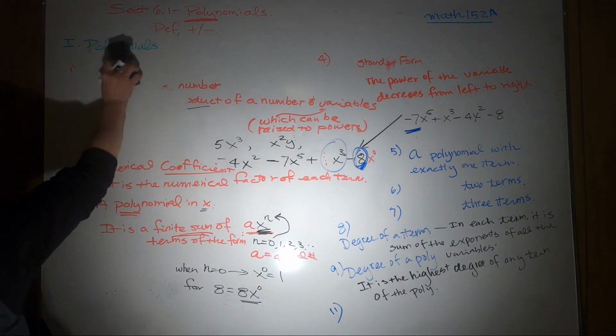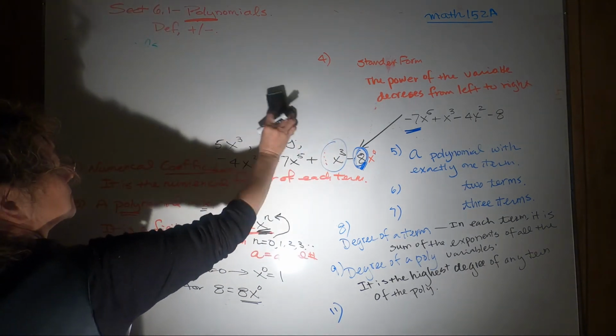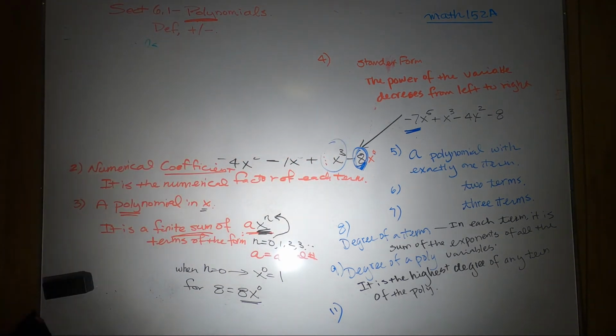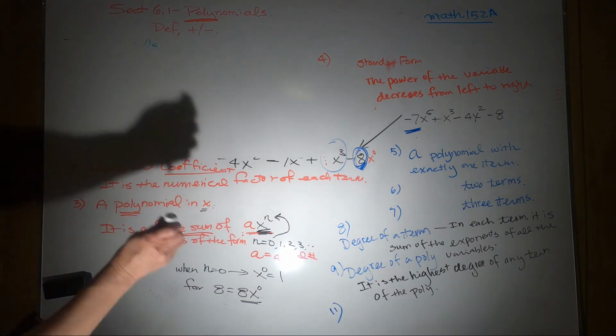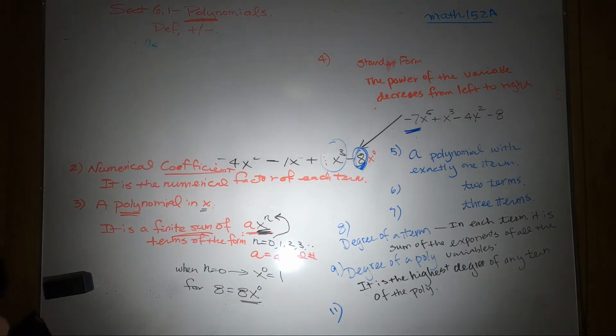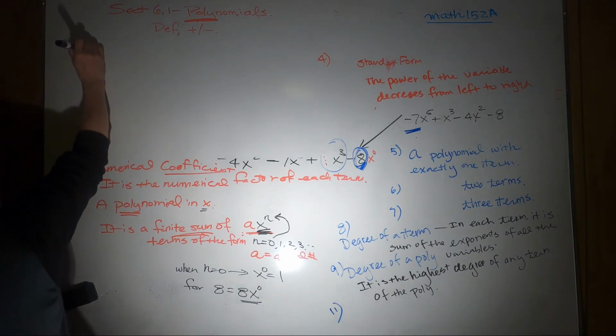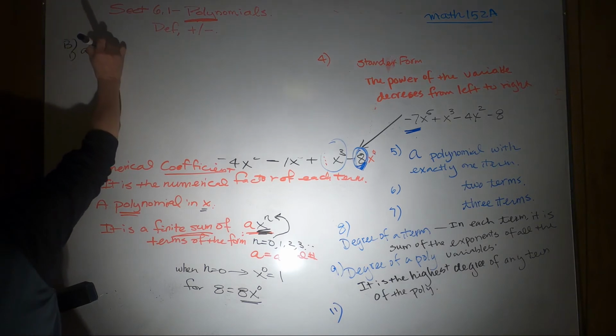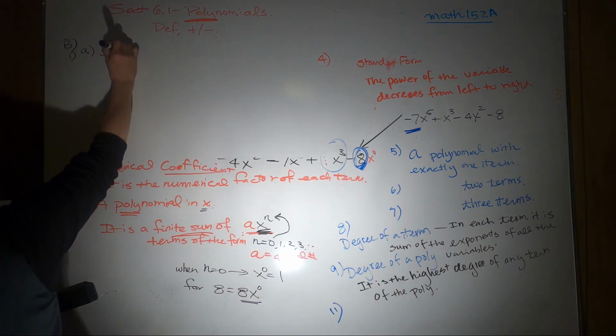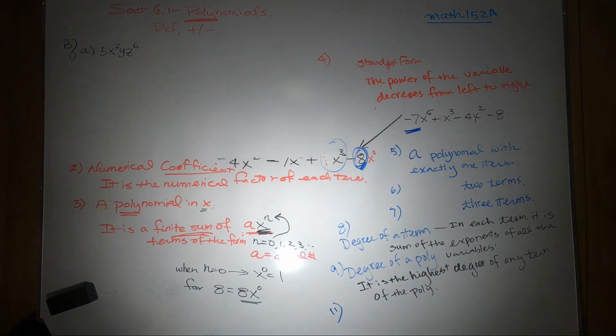Okay? So let's take a look, then identify those. We just talked about all the things here. Then if we look at the next one on your page 39, it says decide how many terms are in each expression. So for the first one, 5x squared y z 6. How many terms do you think that is?